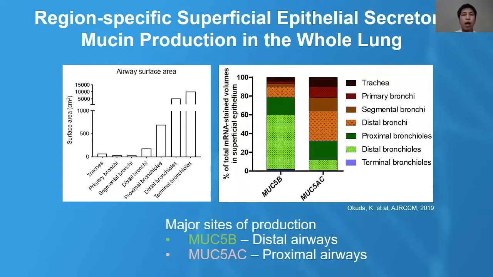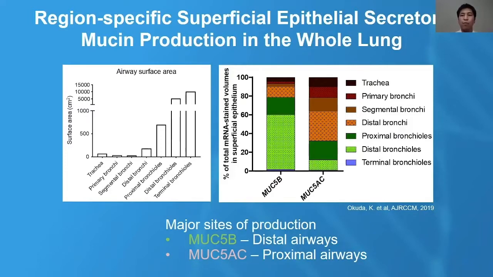To extend our 5B and 5AC regional distribution findings, we estimated total mucin expression in each airway region to understand which airway regions are the predominant site for MUC5B and MUC5AC expression in the whole lung. As shown here, total surface area of small airways is exponentially greater than that of large airways in the lung, reflecting an exponential increase in number of airways.